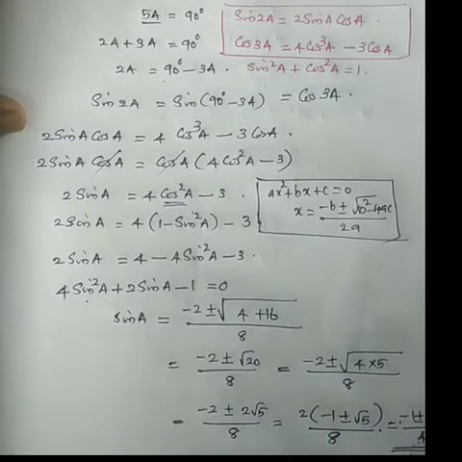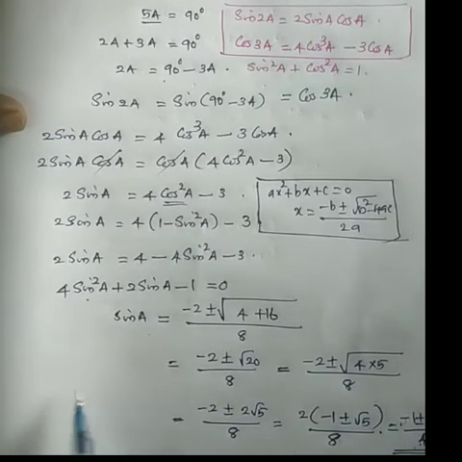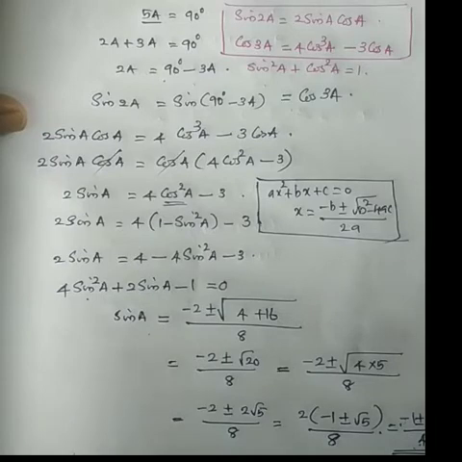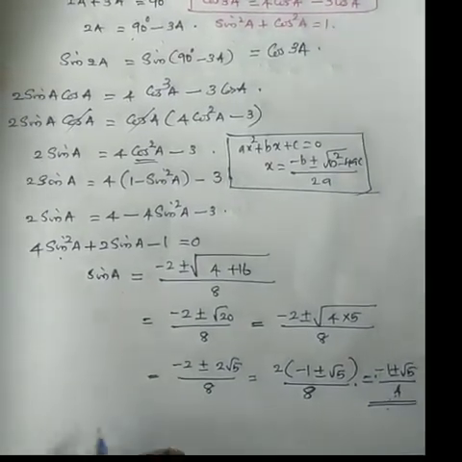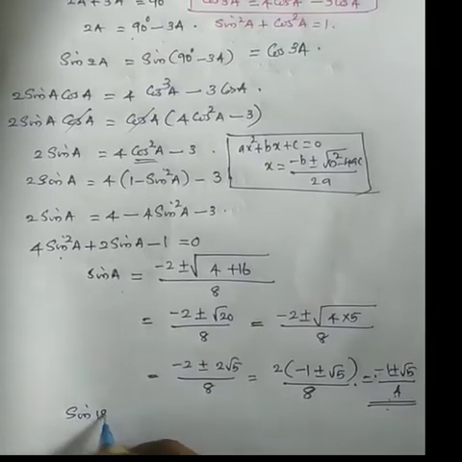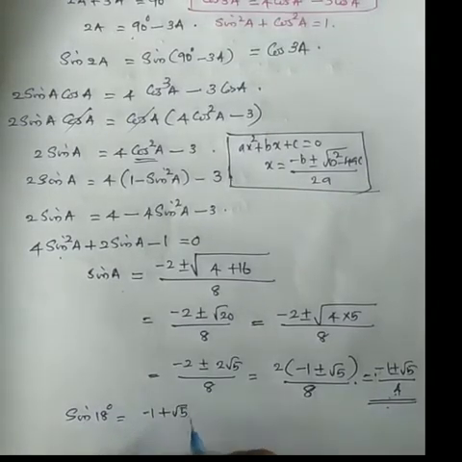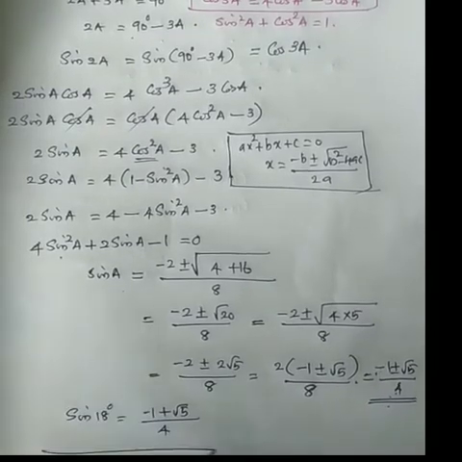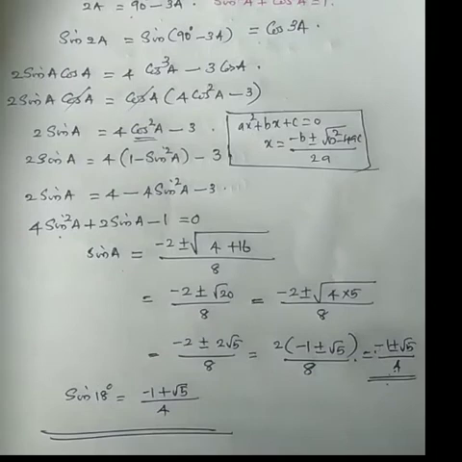Since 18 degree is an acute angle, sin 18 degree is positive, and the value of sin 18 is minus 1 plus root 5 by 4. Okay. Now, what is the value of cos 18?